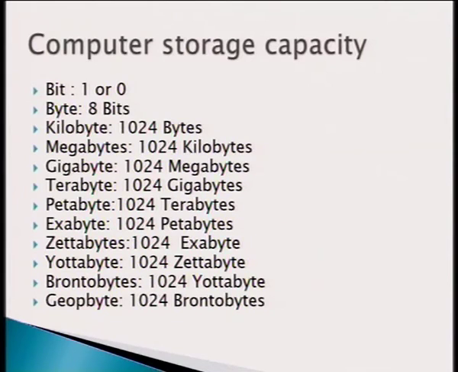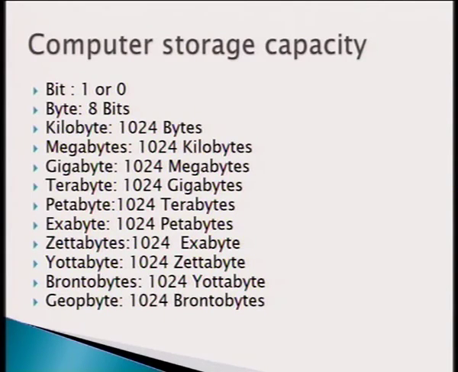The smallest measuring unit in the storage capacity of the computer is something called a bit. A bit can only be a 0 or a 1. Like I said, computers speak a language that we don't understand.